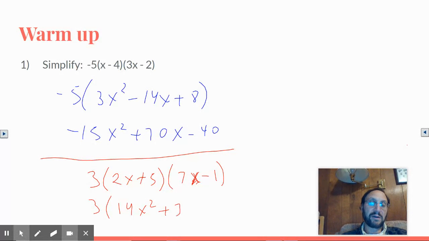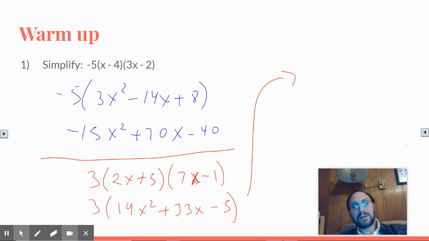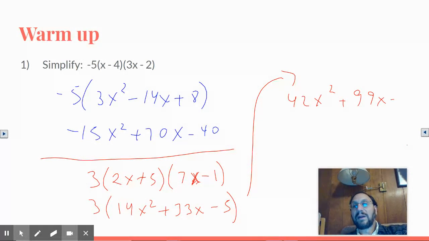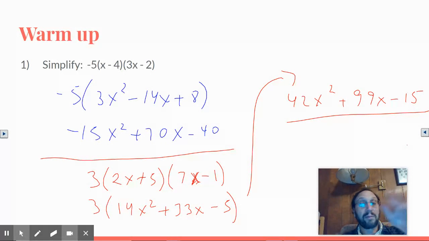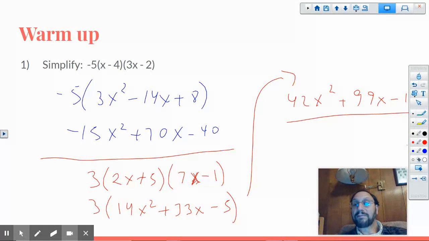So we have plus 33x. 5 times -1 makes -5. So from there, we just multiply through by 3 and get 42x squared plus 99x minus 15. And that's done. Okay, just checking my work. All right, so that's the first type of problem.